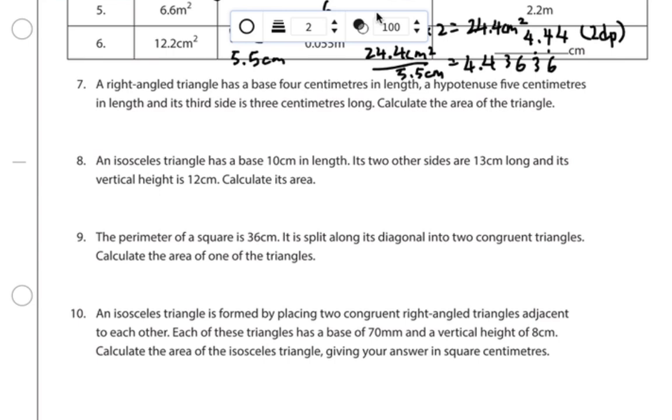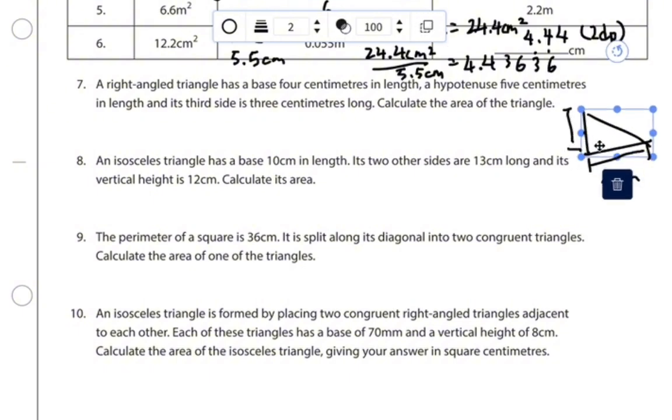Question 7. A right-angled triangle has a base 4 centimeters in length, a hypotenuse 5 centimeters in length, and its third side is 3 centimeters long. Calculate the area of the triangle. Now, to fully understand this question, I'm going to do a small draft of how the triangle looks. So, let's say this is the base, and it's 4 cm. And this would be the third side.